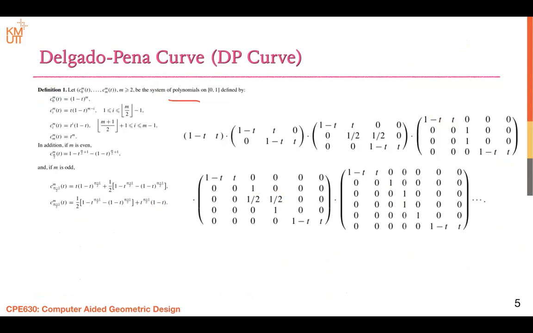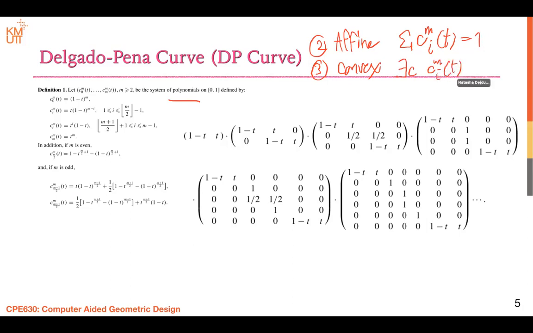For the affine combination, you check whether the summation of all polynomials, the C's, sums to 1. And for the convex combination, you simply prove that each of them is greater than or equal to 0. This one is easier to prove.